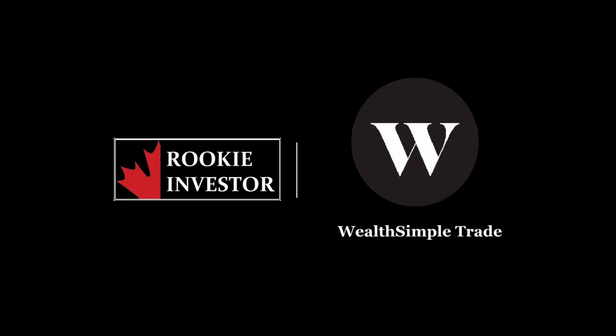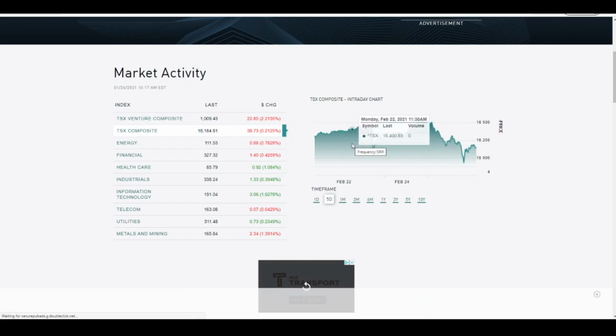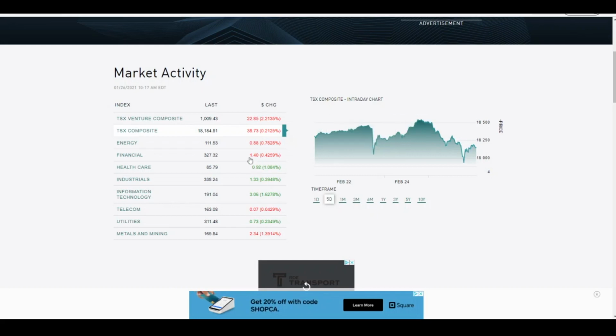my portfolio. Before I go to my portfolio, you may be aware that this week there were some market corrections. The markets were down. If you see the 5-day chart of the TSX composite, there were a lot of fluctuations. It impacted almost all the sectors. Energy was down, most of the utility stocks were down, telecom, and so on.